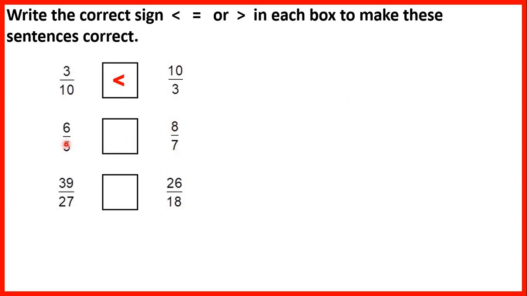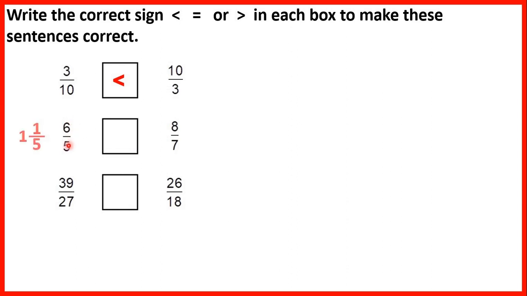Now we could compare these fractions by making our denominators the same. So 35 is in both the 5 and 7 times tables. So we could find equivalent fractions with a denominator of 35. But sometimes, if you've got improper fractions, it's easier to compare them by first converting them into mixed numbers.